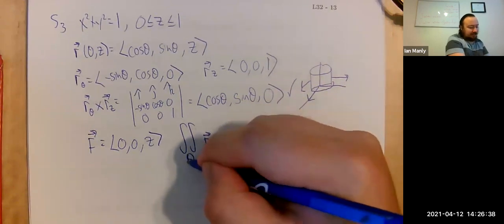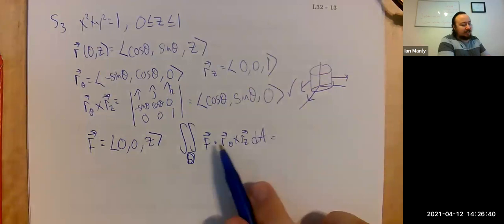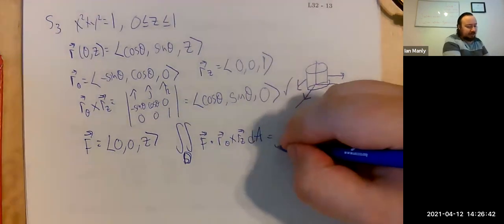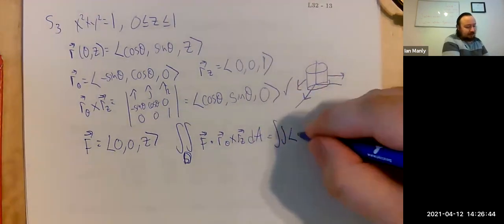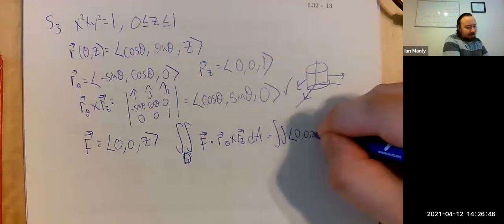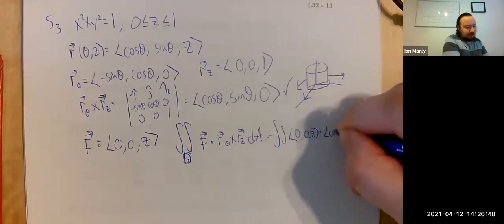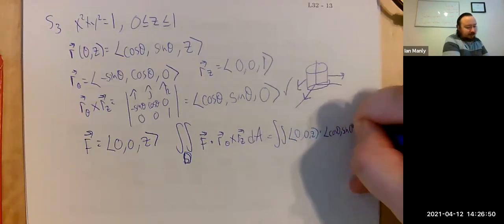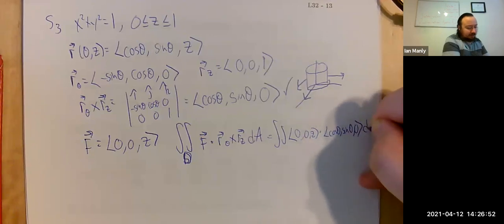I guess this should be dA, or rather dtheta dz, since I'm using the parameters. Now, what's this dot product going to be? This is 0, 0, z dotted with cosine, sine, 0.